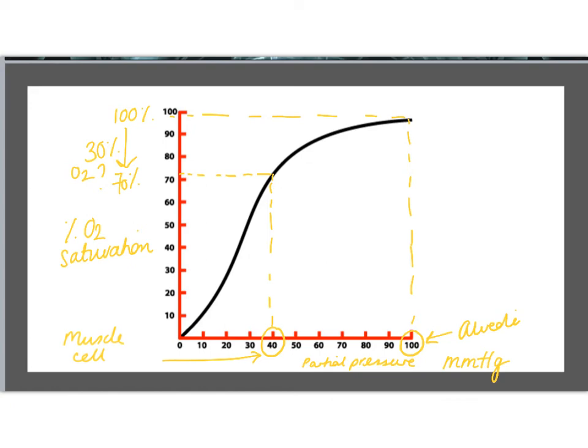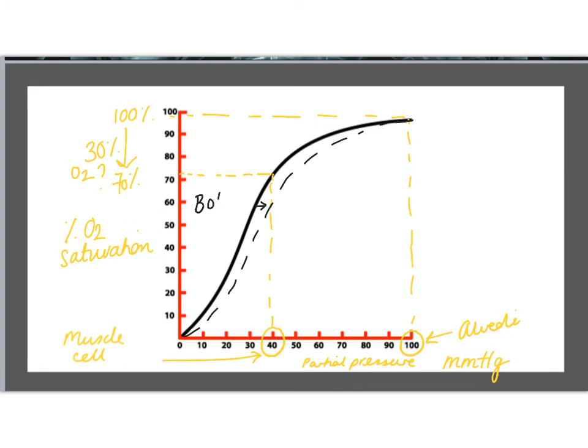Now let's have a look at what happens to the line when we start to exercise. You can see that the line has moved to the right. It's a shift to the right hand side. That shift was recorded by somebody. They discovered it.